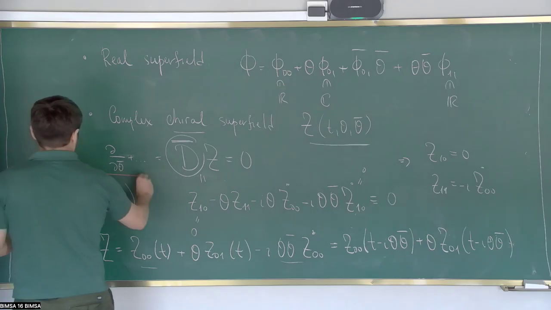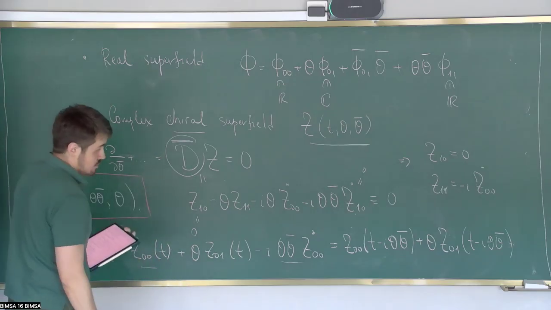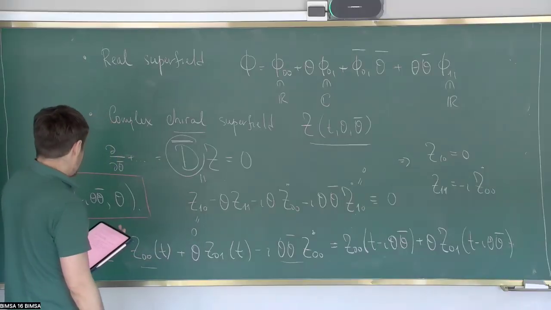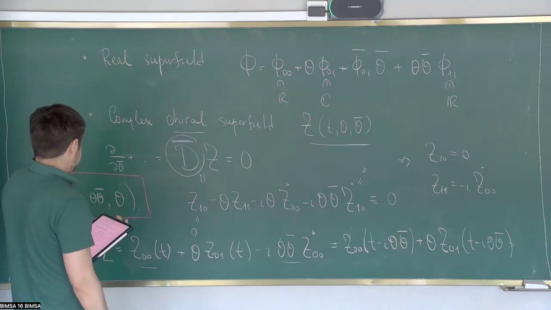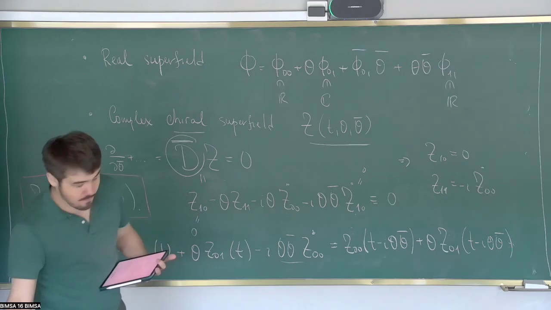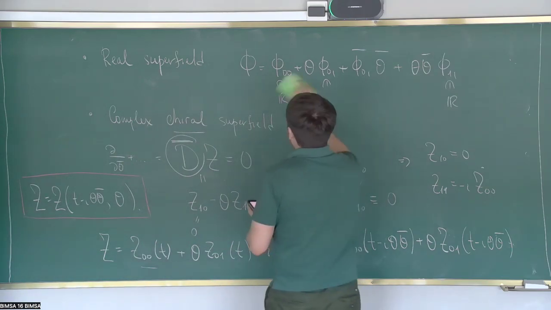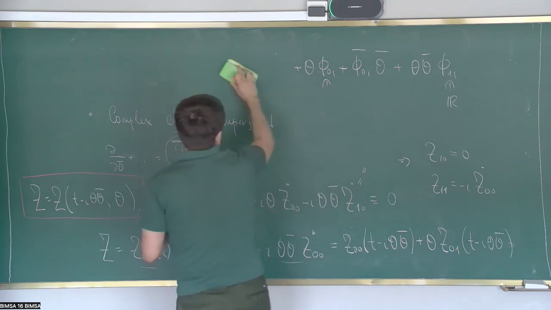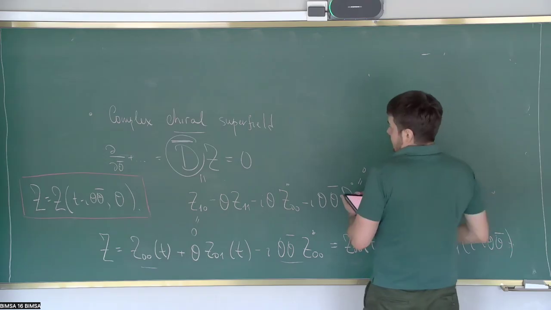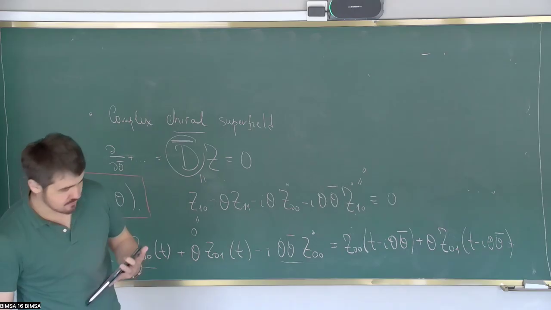So this is the general chiral superfield. It has two independent components, z00 and z01, they're complex. Notice that it has to be complex from the perspective of superfields.